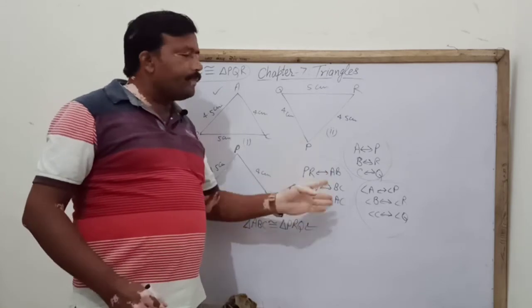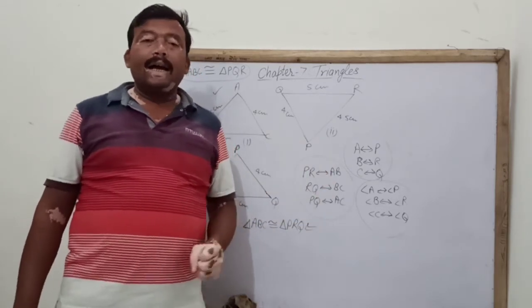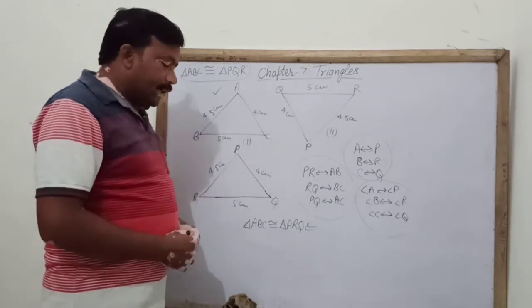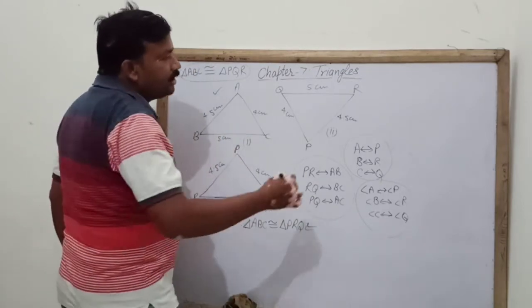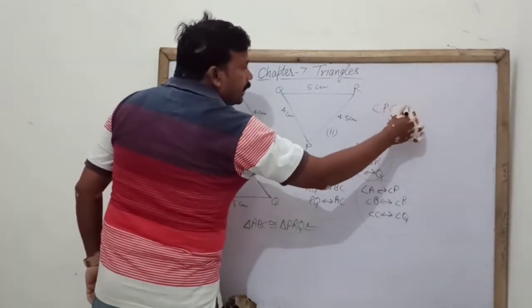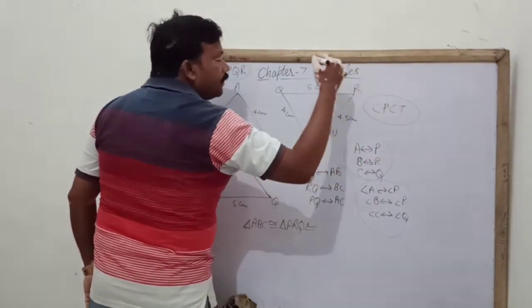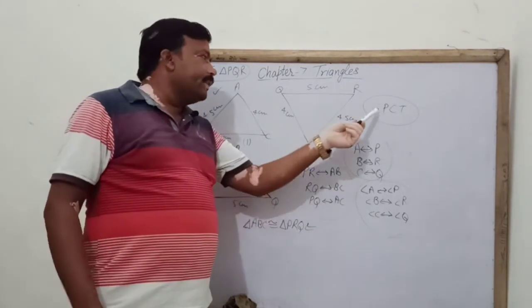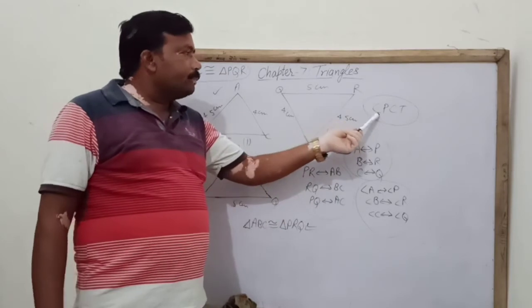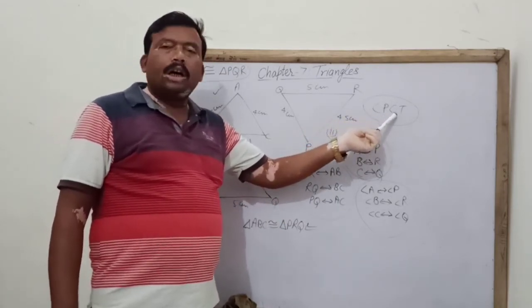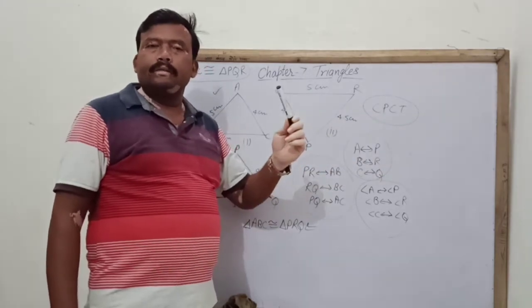These are the parts of correspondence. Then we write them as CPCT. In abbreviation form, it is corresponding parts of congruent triangles.